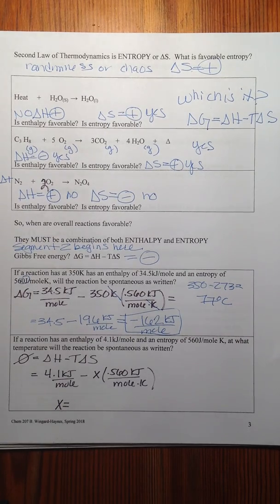If a reaction has an enthalpy of 4.1 kilojoules per mole and an entropy of 560 joules per mole K, at what temperature will this be spontaneous as written? Well, when delta G is 0, we are at an equilibrium place where it can go either way. So we want to solve for the temperature at which it can go either way and go above that.